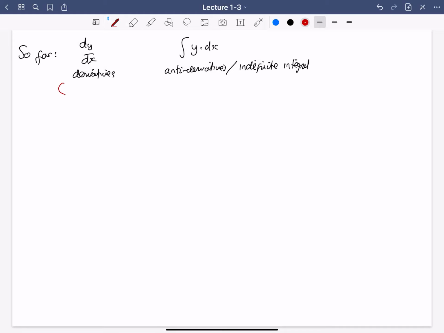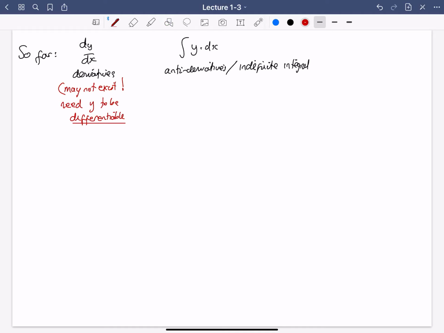It's worth pointing out just before we go anywhere, given the function y, the derivative may not exist. For the derivative to exist, the graph of y has to be a nice curve so the tangent line to it makes sense everywhere. So the right word you use for the derivative to exist, you need y to be what's called differentiable. I don't think I used that word yet, so there it is.